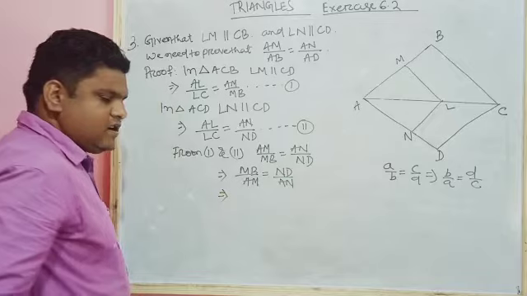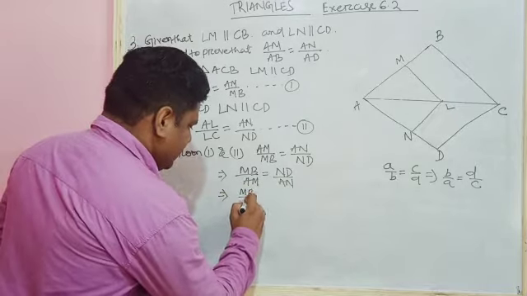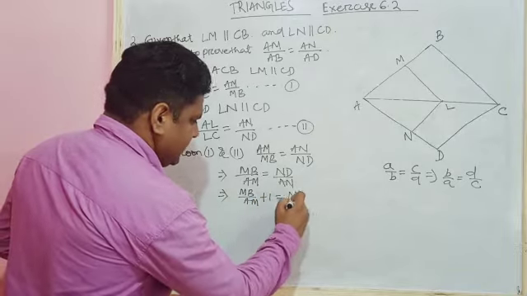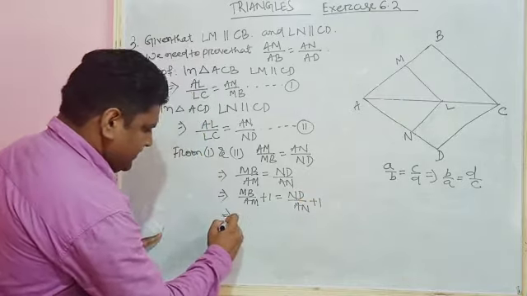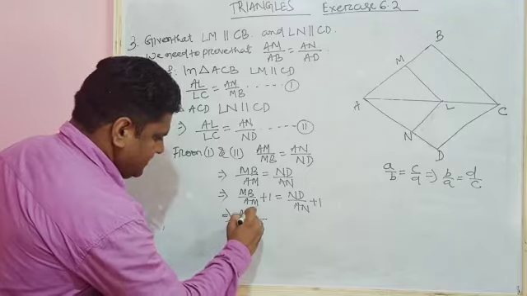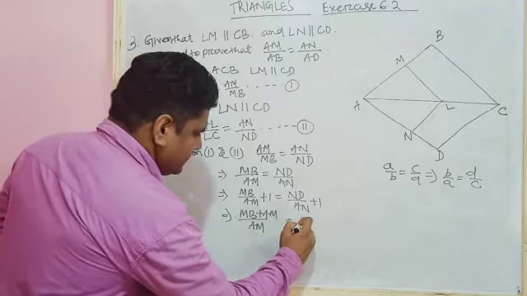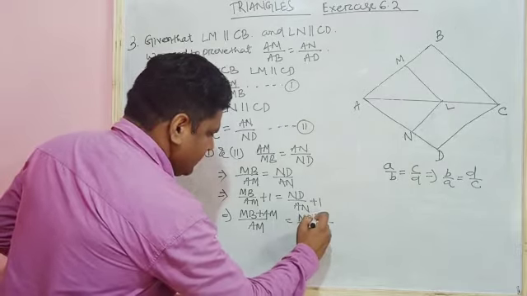Let's add 1 on both sides. It will be MB by AM plus 1 is equal to ND by AN plus 1. Adding 1, it will be MB plus AM over AM, and here ND plus AN over AN.